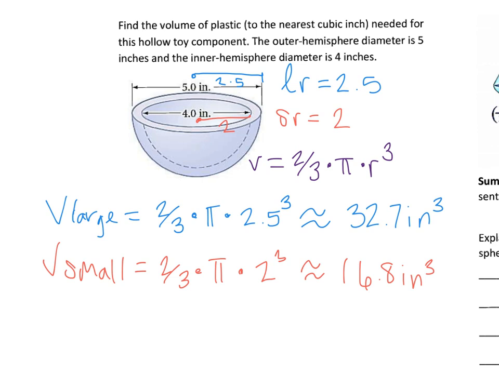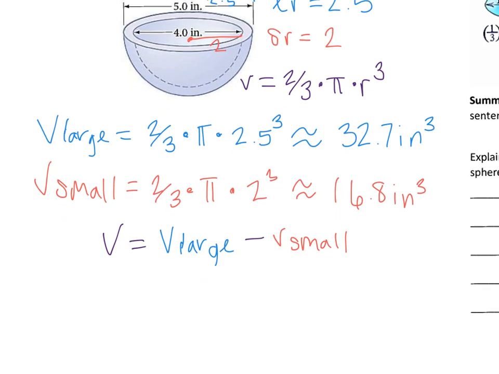And now to find the volume of that outer shell, like Buzz Lightyear's helmet, the volume is going to equal the volume of the large hemisphere minus the volume of the small hemisphere. So go ahead and do that.